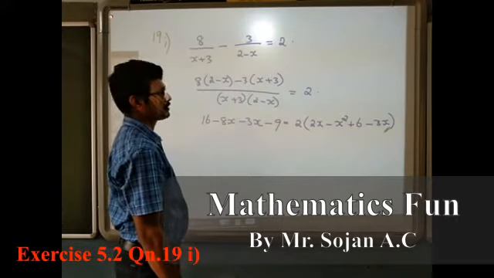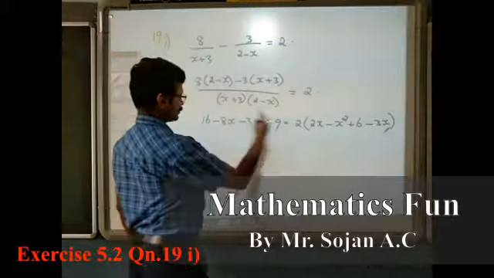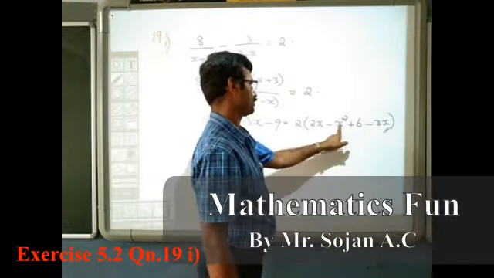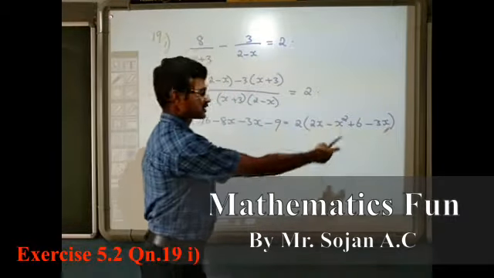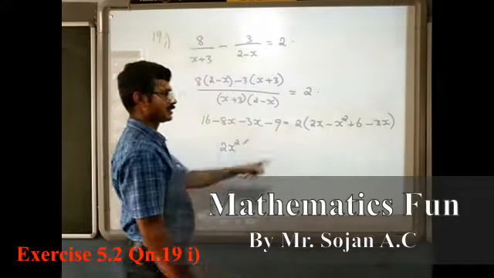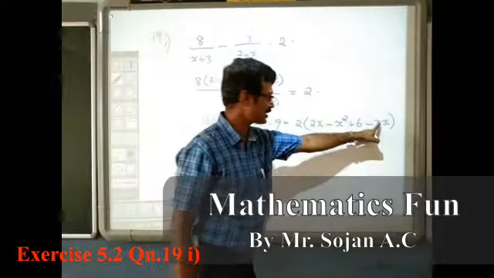I am grouping all the terms to one side, so here I do the multiplication also. First of all I am writing the x square term: 2 into minus x square is minus 2x square. I am bringing this to the other side, so it is 2x square. Now if you see the x terms, 2x minus 3x is minus x.